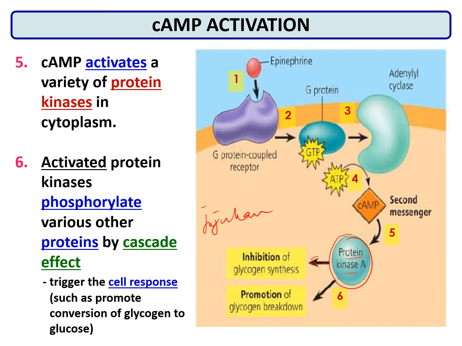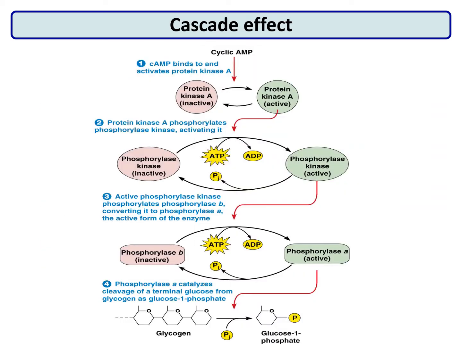So berbanding dengan gene activation tadi, cAMP activation ni ada 6 step yang boleh kita memorize lah. Yang ini dia tak perlu hafal lah. Cuba tengok dan fahamkan ni yang dikatakan cascade effect. Macam domino effect kan. Ingat tak domino effect? Dia letak dia susun, lepas tu dia jatuhkan satu, semua jatuh.